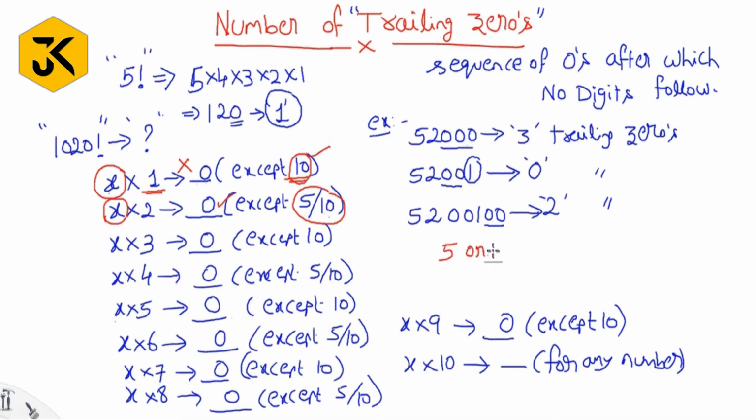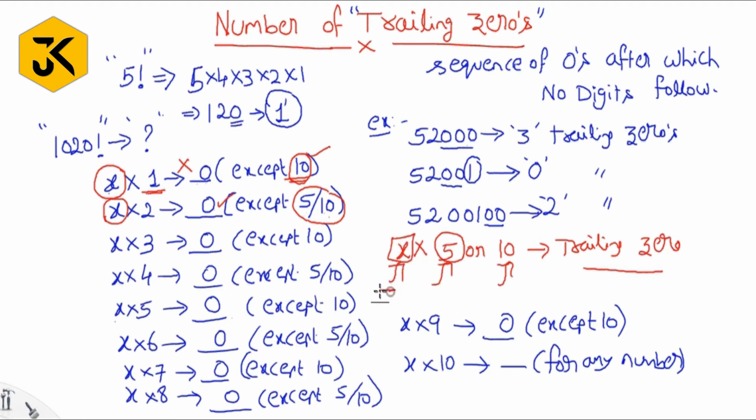For 10, with any number you will get a trailing 0. But here one more case is there. For 5, you need to multiply it with x, and this x should compulsorily be an even number.